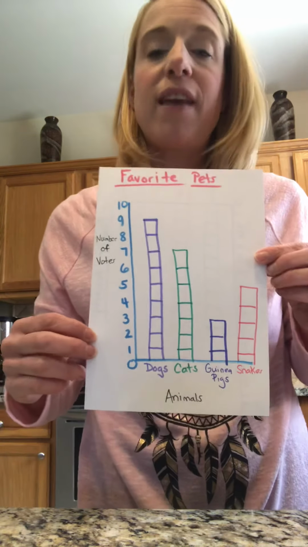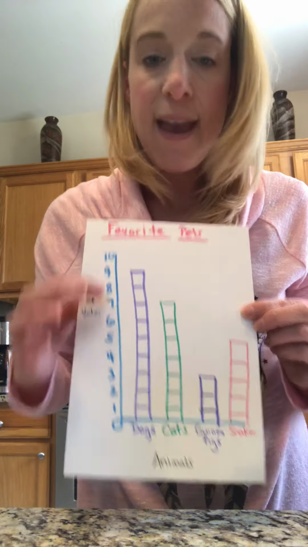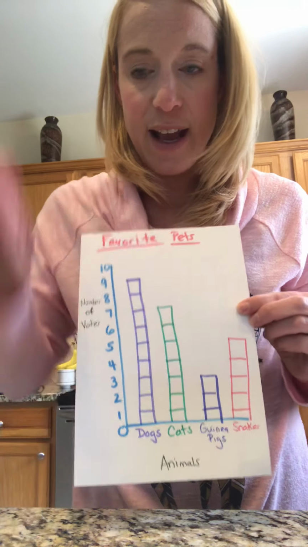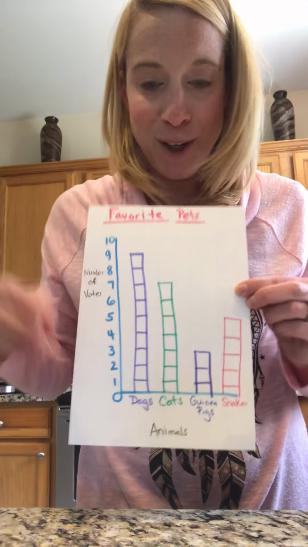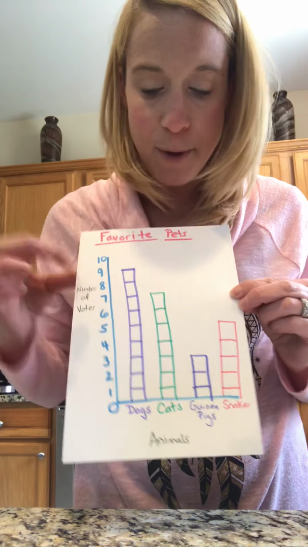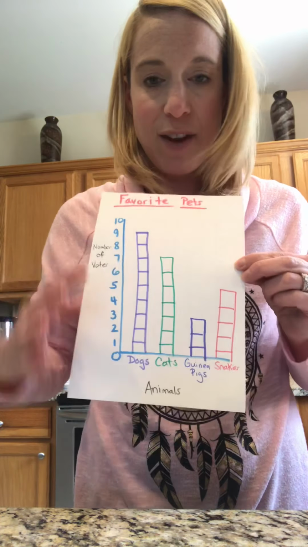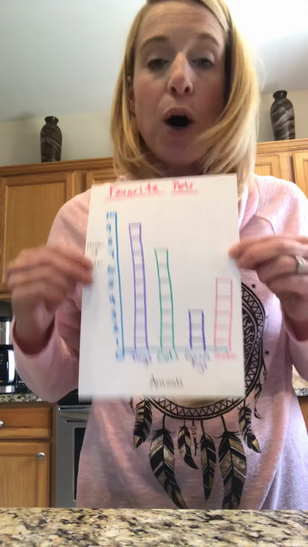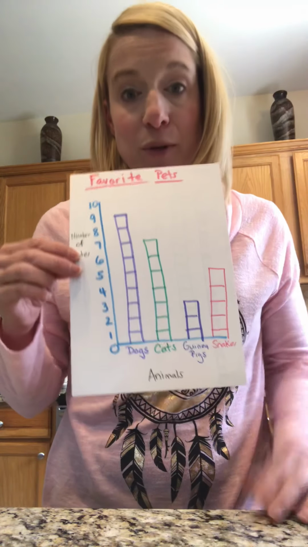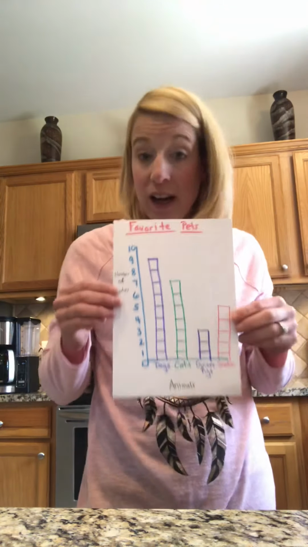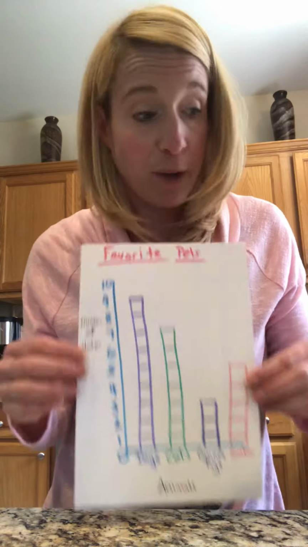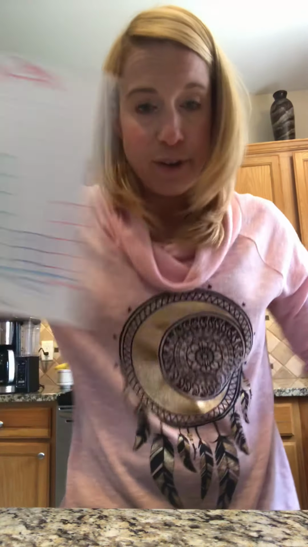Okay, this was a graph that counted by ones, and this is a graph that has vertical bars. Okay, we had our labels, we have our titles, everything was nice, clean, neat, and even. All right, so I'm going to use this to answer the question that's similar on the second slide of your math work for today. So put this down for a second.